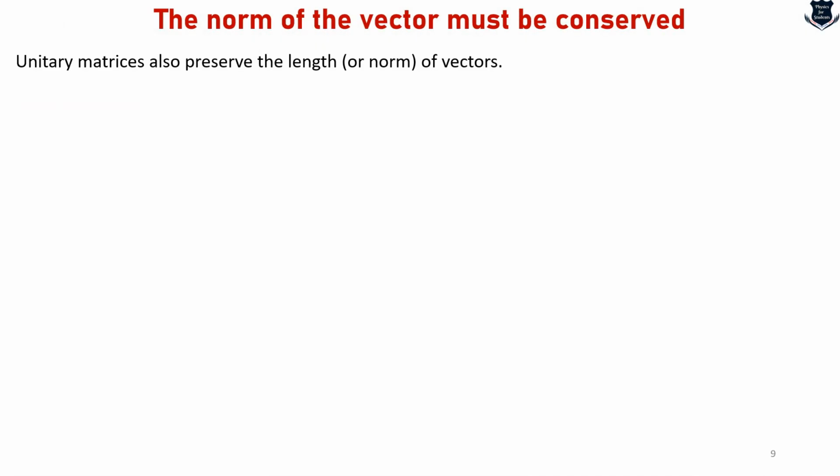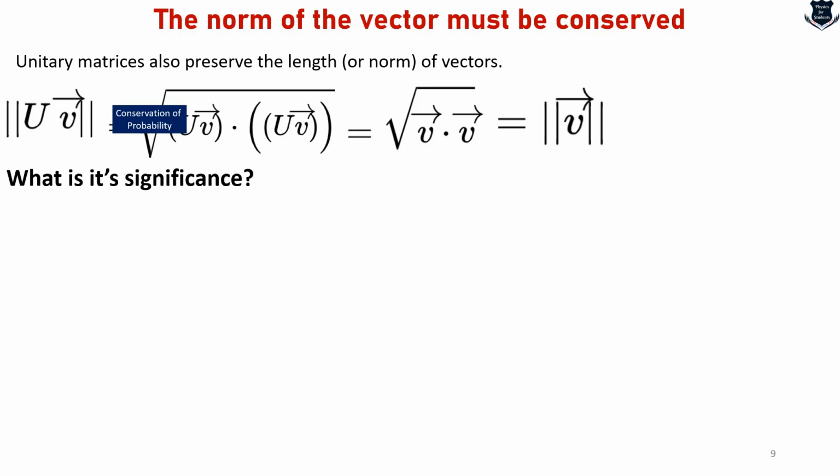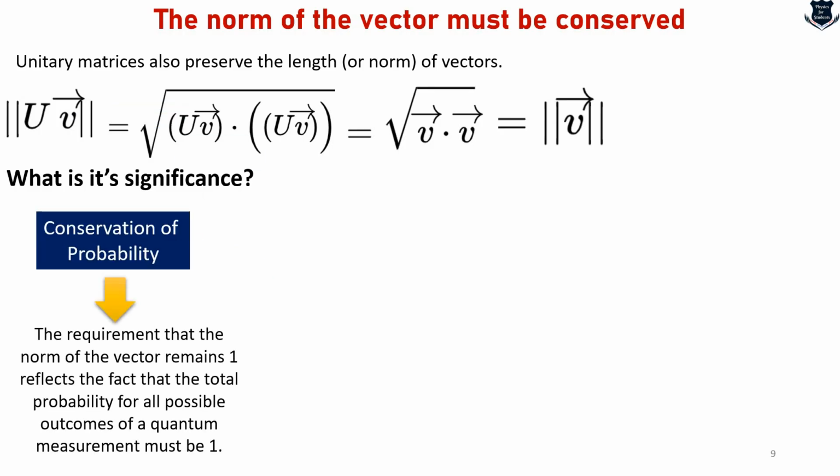We also know that unitary matrices preserve the length or norm of vectors. For example, if we apply U to V, then ultimately it would result in this. Now you might have a question: what is the significance of all this? The first significance is conservation of probability, which I told you: the requirement that the norm of a vector remains 1 means that the total probability for all possible outcomes would be 1.